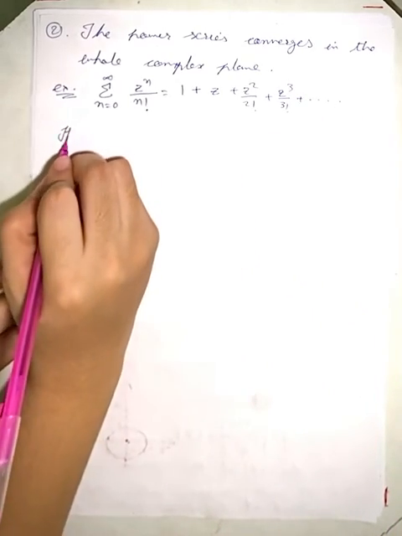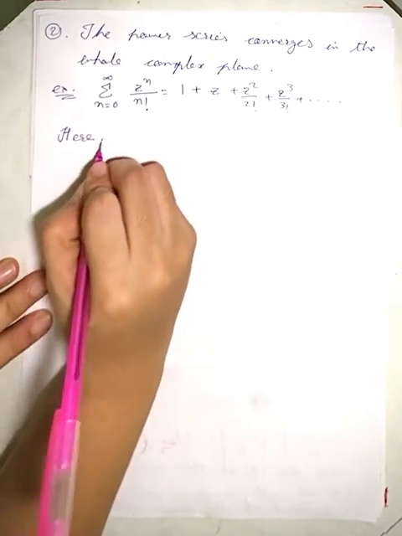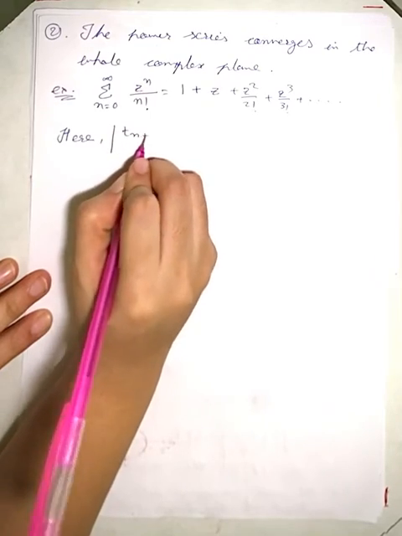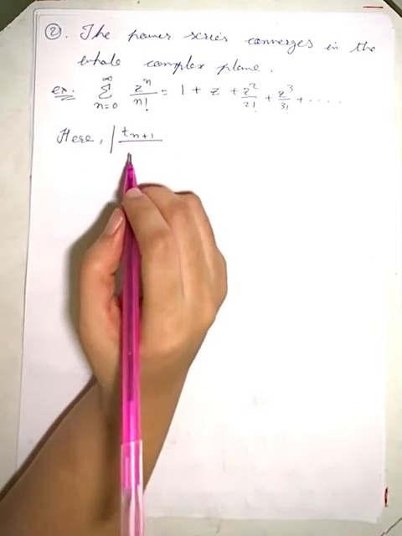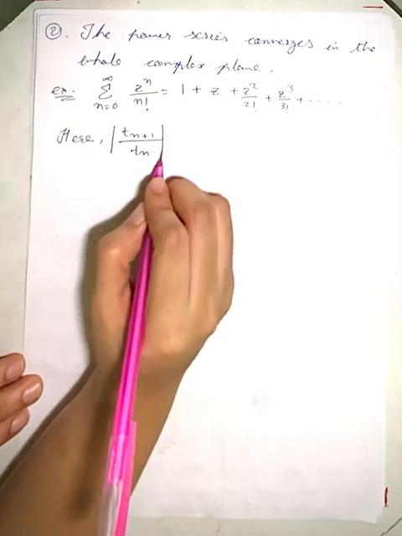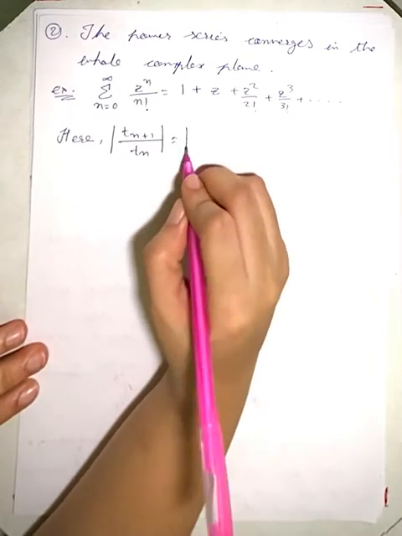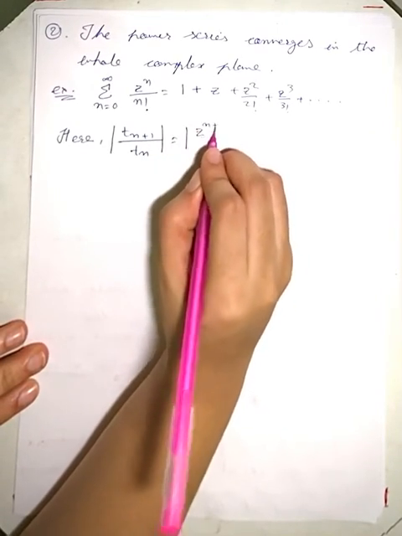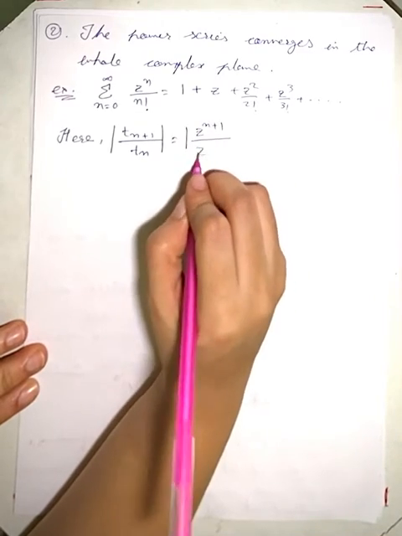And here again you do the test. In case you don't know the test methods, that is fine, you just need to know this relation only. You just have to do this test of z to the n plus 1 upon z to the n.